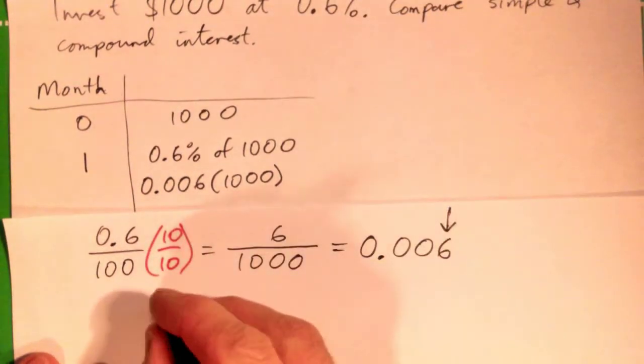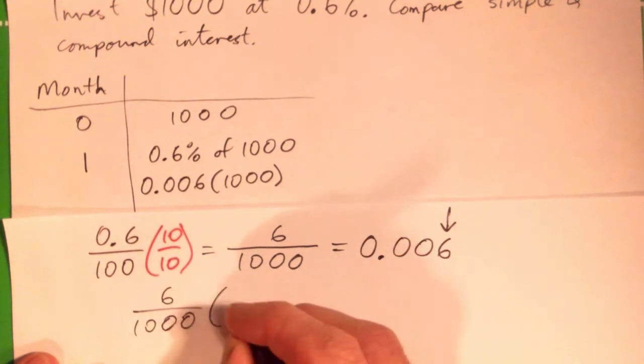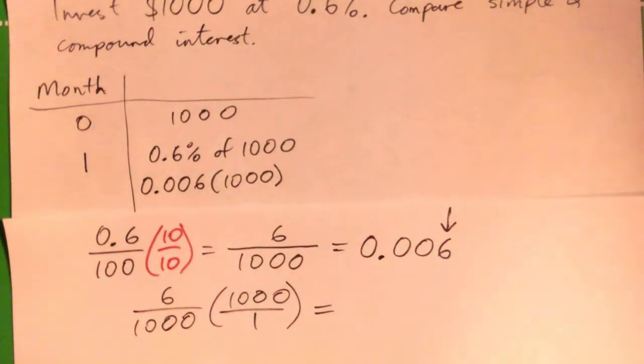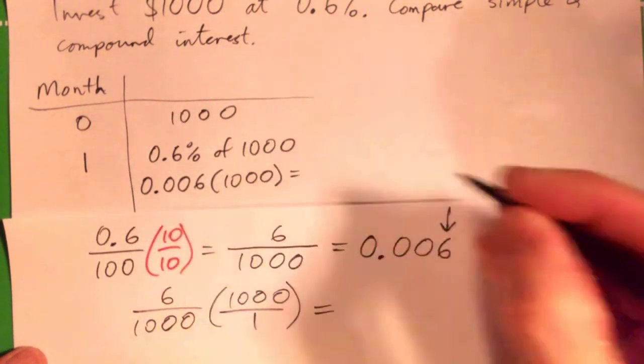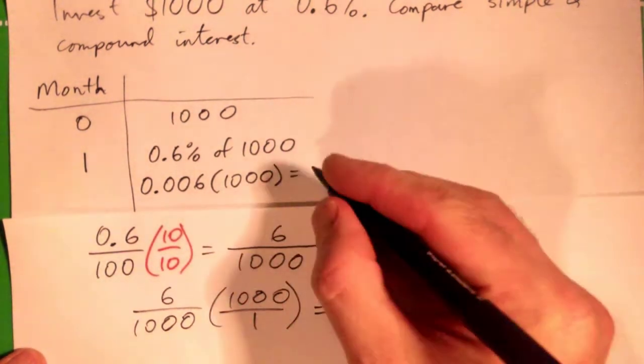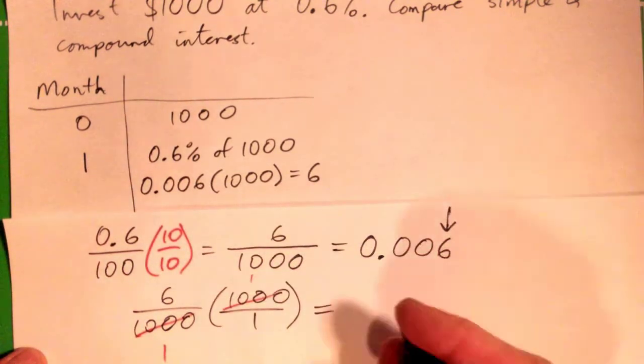That's 6 thousandths of 1,000 times 1,000 over 1, same thing, right? So we can see it as a decimal, we can see it as a fraction, but the answer has to be what? $6. Yeah, 6. Because the thousands cross cancelled here to give 6.